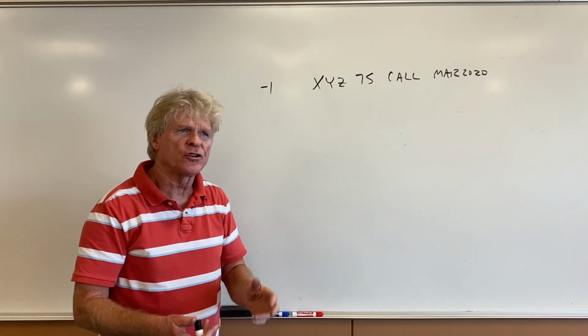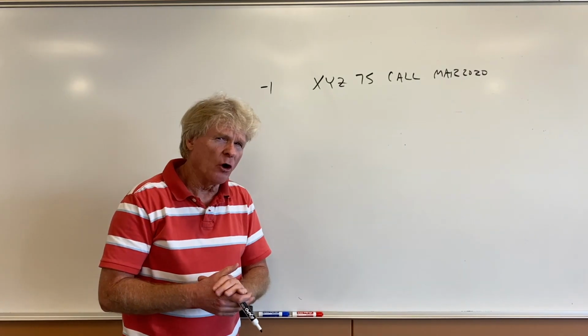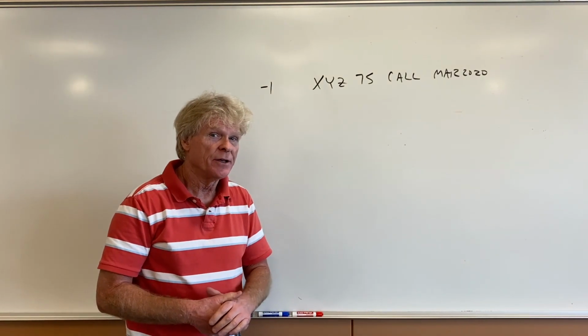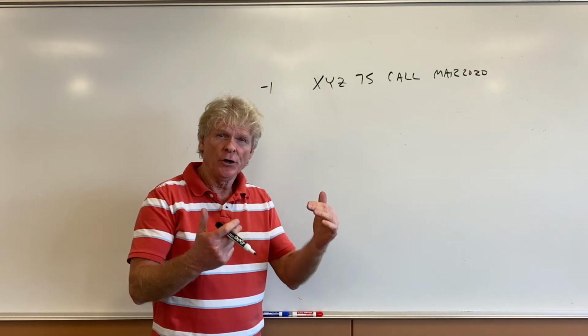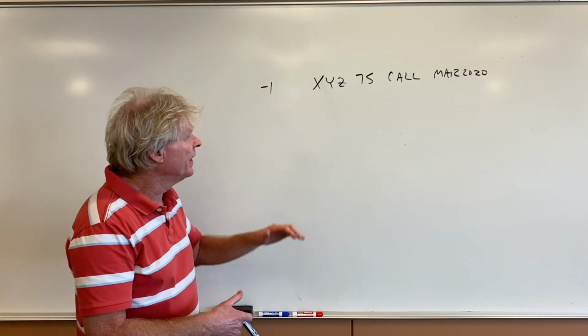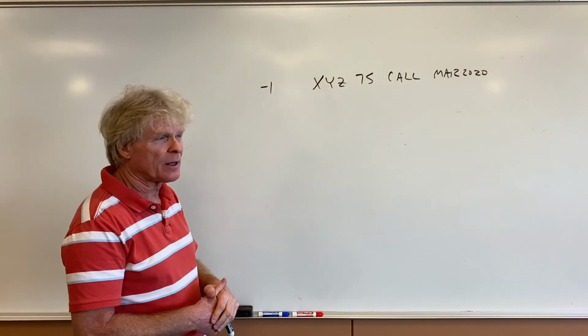If you owned 100 shares of stock that cost $10 each, that would show in your brokerage account as having a market value of $1,000. If you owned 100 shares of stock priced at $10 per share, you'd have a market value for that position of plus 1,000. Let's say the price of this call is $300.